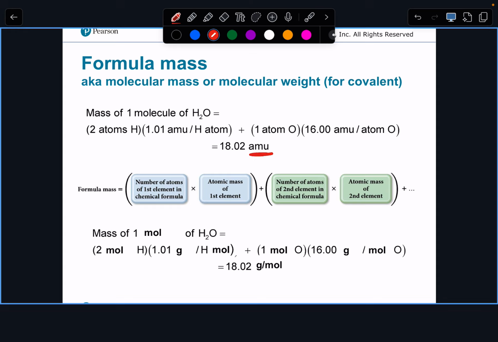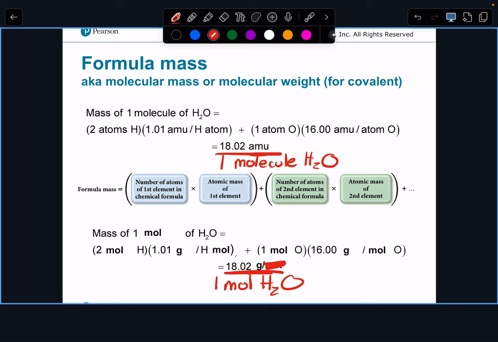If you want it for a mole, the number would be grams. And I don't show it up here, but AMU for 1 molecule, and I'm going to rewrite the moles down here, grams for 1 mole of water in this instance.